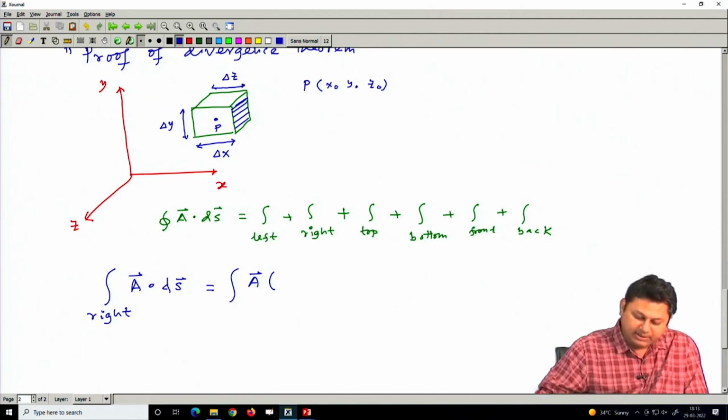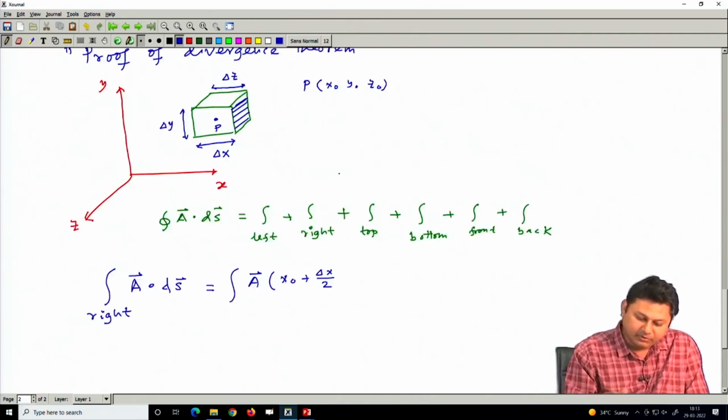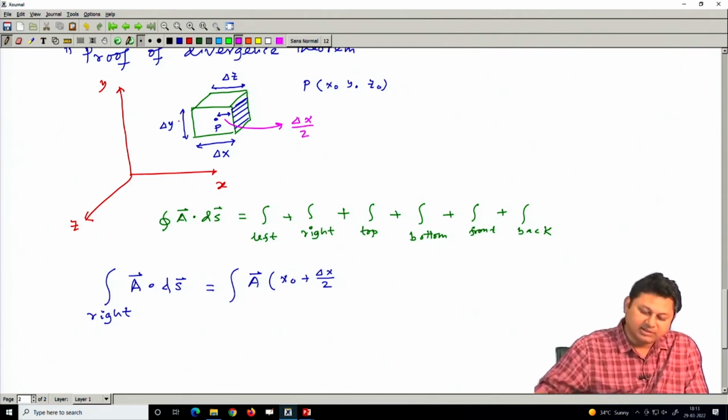So, what is the point here? The value of A is at x 0 plus delta x divided by 2, because this length is delta x. From P to here, this length should be delta x divided by 2. This side is delta x divided by 2.